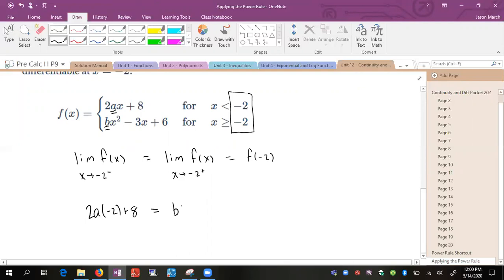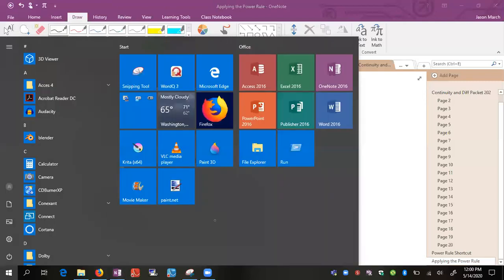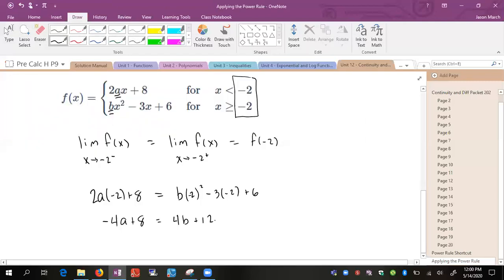So b times 2 squared minus 3 times, sorry, -2 plus 6. So when we simplify this, we get -4a plus 8 equals 4b plus 6 plus 6, so plus 12. So we have an equation that has two variables in it.